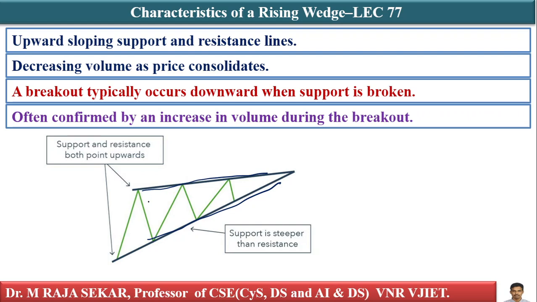A breakout to the downside happens when the price breaks below the lower trend line. It usually signals a strong bearish movement. Traders consider this a selling opportunity.